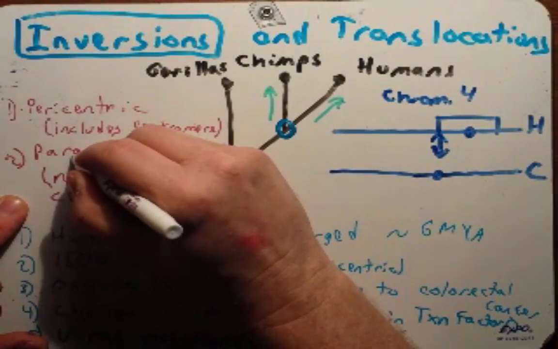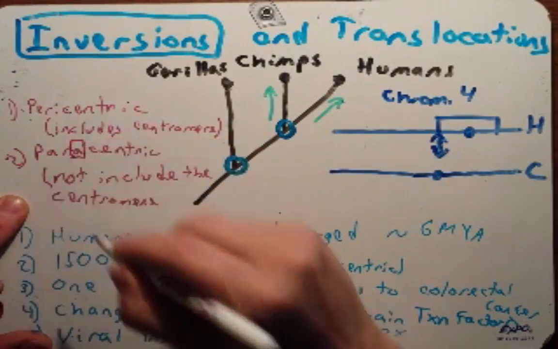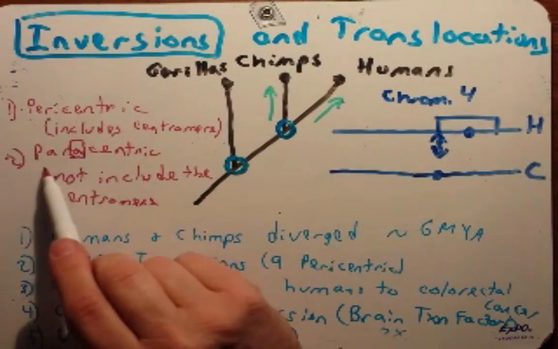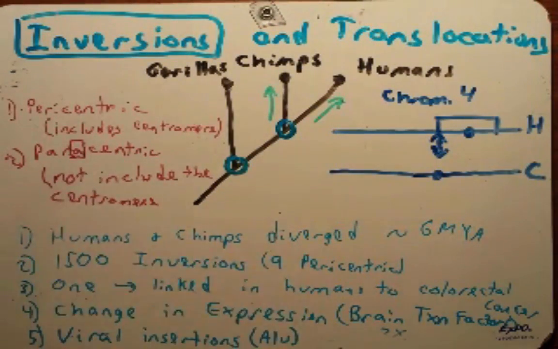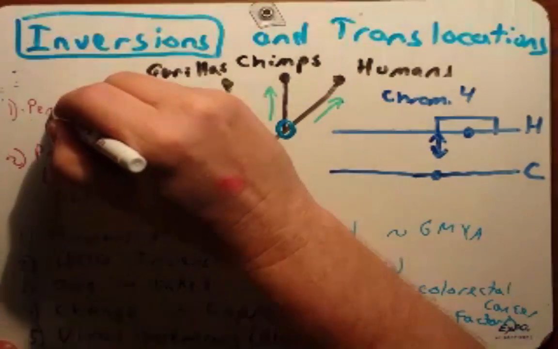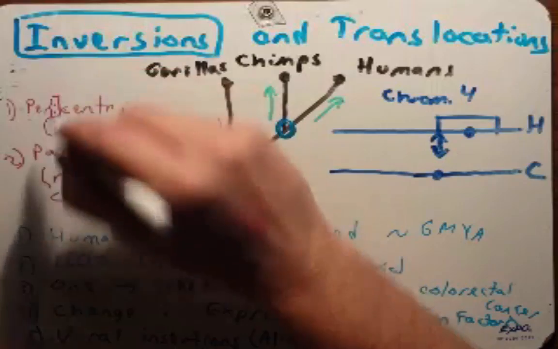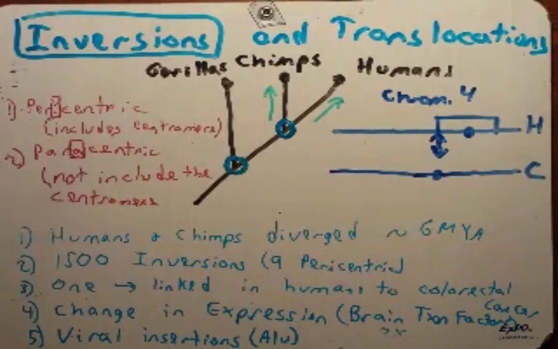And I remember this because A means without or not having. So this kind of inversion is one that does not include the centromere, paracentric. Whereas this one, pericentric with the I here, includes. Pericentric includes the centromere. Alright, that's all we have for inversions.